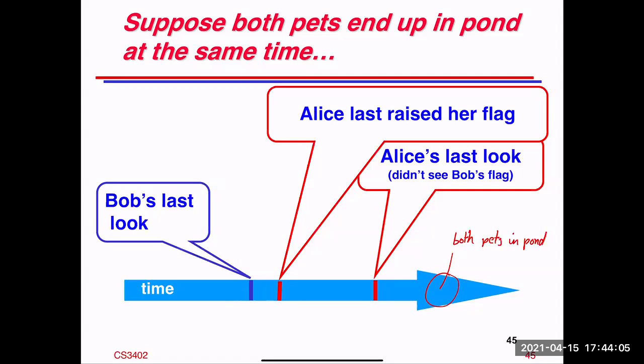And he wouldn't have unleashed his own pet. So that's why we know that this must have happened at some point to the left of this point in time. Okay, so we know that the last time Bob looked was here at some point. All right. Now, when was the last time that Bob raised his own flag?